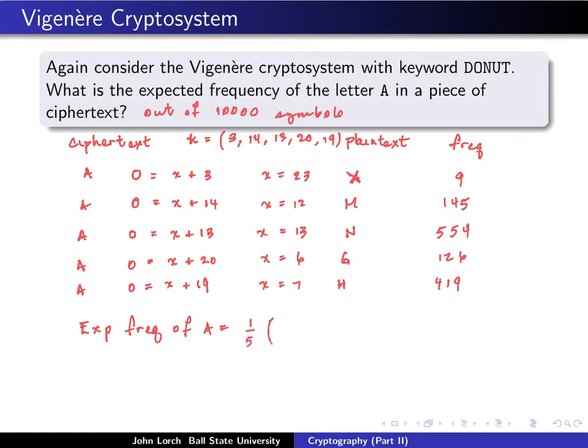Which is the probability that A comes from one of these particular 5 symbols, times the sum of the frequencies, right? 9 plus 145 plus 554 plus 126 plus 419. And that turns out to be 250.6.